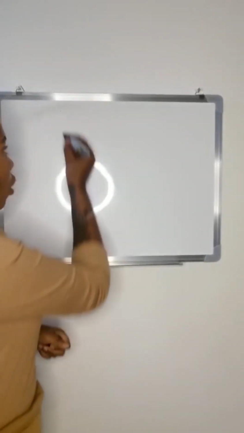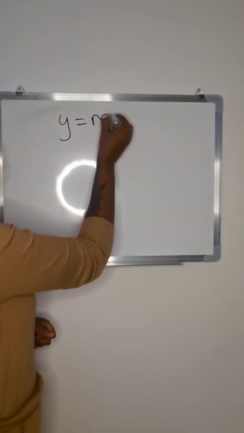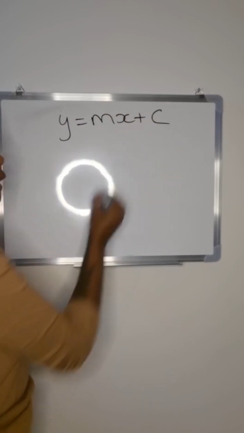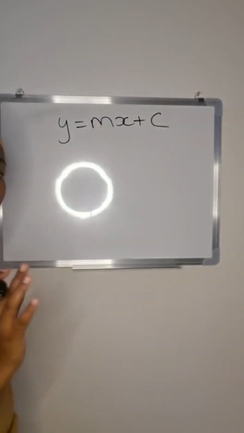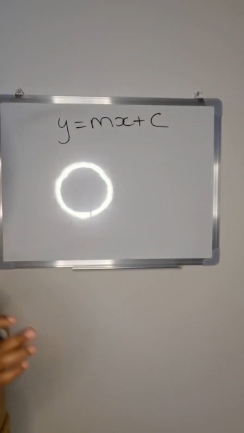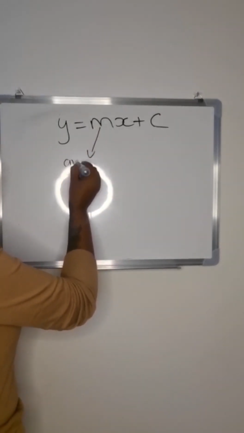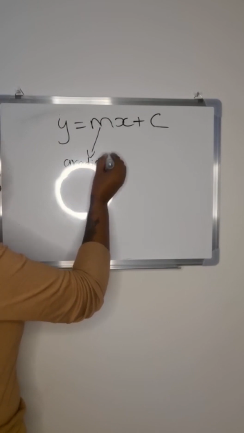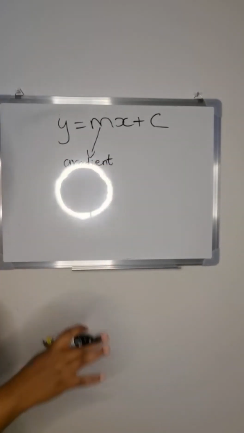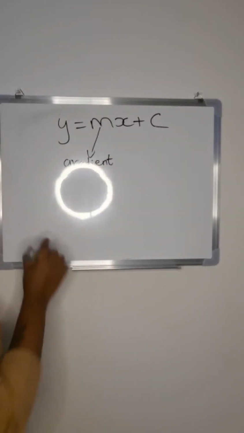Now we are writing the straight line graph in the form of y is equals to mx plus c. Let us look at how m and c affect the mother graph. M represents the gradient of the line, the slope of the line.